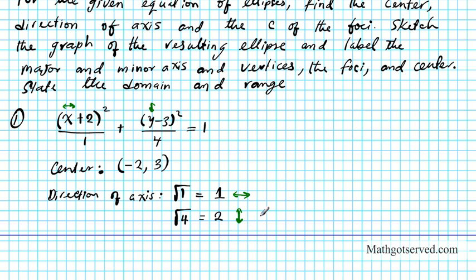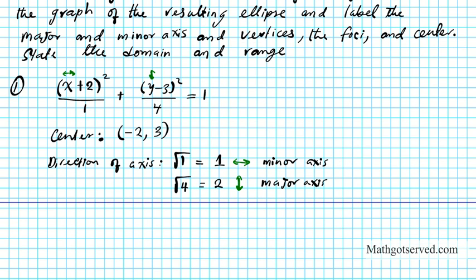Now we need to distinguish which is major or minor. The smaller one is the minor axis. Since this is smaller, this will be the minor axis. Yet since this is bigger, this will be your major axis. Okay. All right. Now we need to find the C of the foci. So to find the C of the foci, we're just going to take the square root of the difference of the denominators.